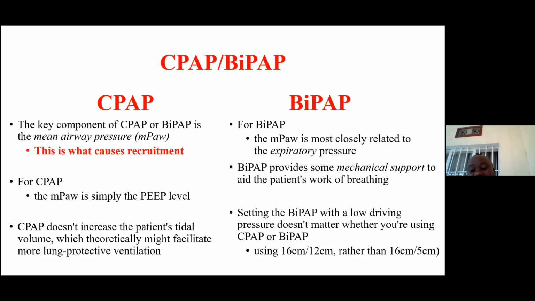It is centimeter of water because they are using a pressure. One is for inspiratory, the other is for expiratory when you are having two levels as in BiPAP. So the CPAP is better as lung protective ventilation, and it will not cause more harm, like pneumothorax or other things from the ventilation.